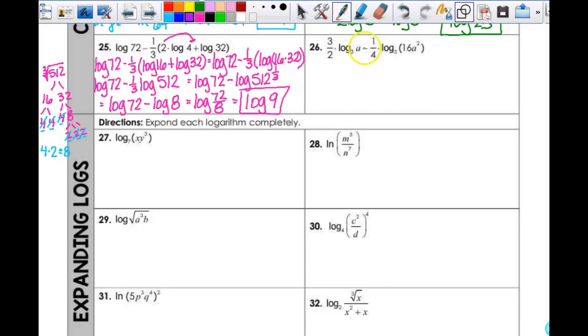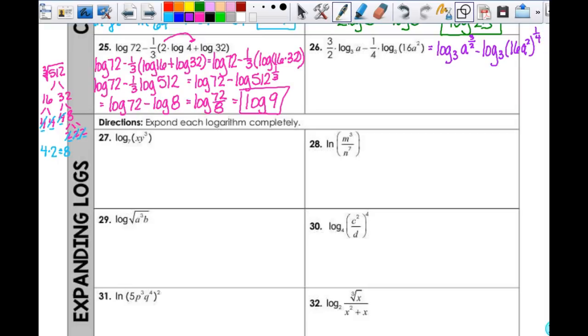I could change this to plus a negative and make this a negative 1/4, but I would really rather have this be minus than have a negative exponent, because the same thing ends up happening in the end anyway. So this will become log base 3 of a to the 3/2 power minus log base 3 of 16a squared to the 1/4 power.